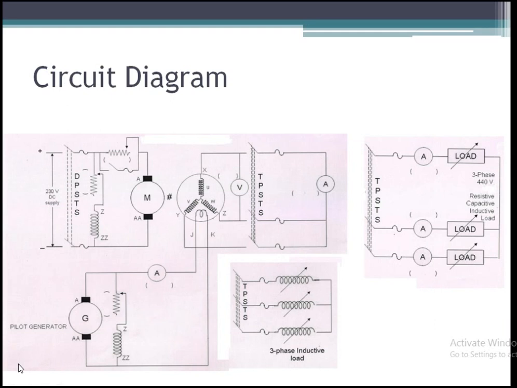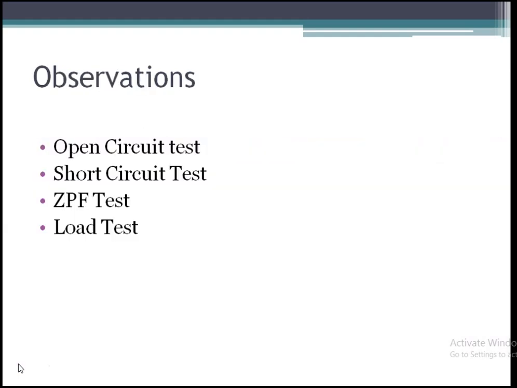Now we are seeing the circuit diagram for conducting the various experiments we are going to do. We know that for predetermination we are using three types of analyzing methods: the EMF method, MMF method and ZPF method. For the EMF and MMF methods, we have to do the open circuit test and the short circuit test.